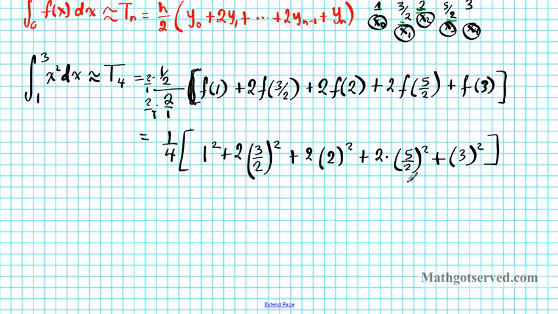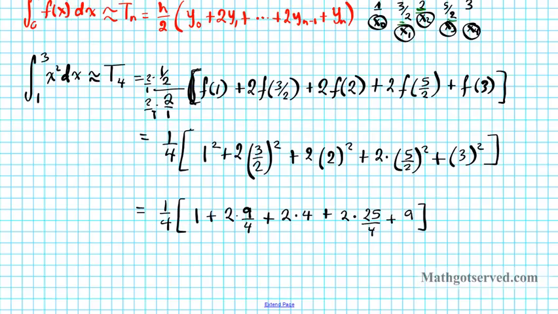Now it's just arithmetic, right? So let's use order of operations to simplify this. We're going to do the parentheses first. 1 squared is just 1, plus 2 times 3 squared over 2 squared, which is 9 over 4, plus 2 times 2 squared, which is 4, plus 2 times 5 over 2 squared, which is 25 over 4, plus 3 squared, which is 9.